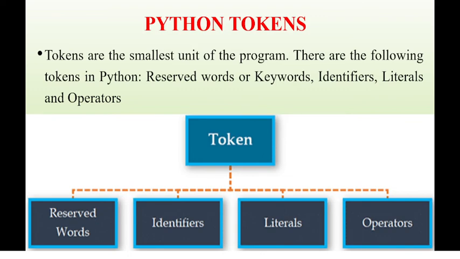Punctuators are the symbols that are used in Python to organize the structures, statements, and expressions. Some of the punctuators are square brackets, parentheses, curly brackets, at the rate, etc. So these are the Python tokens.